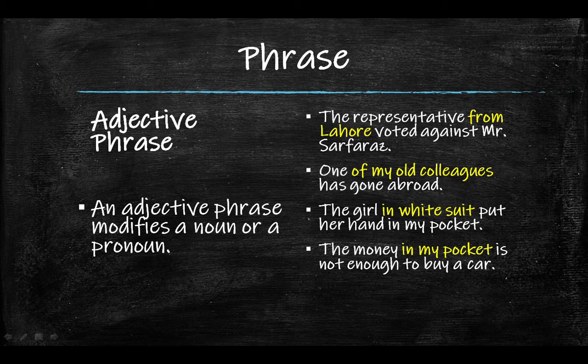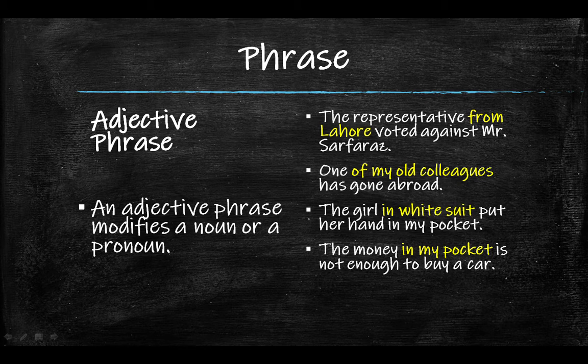The money is not enough to buy a car. In my pocket describes what? Money. Which money is not enough to buy a car? The money in my pocket. So from a structural point of view, it's a prepositional phrase. From a functional point of view, it's an adjective phrase modifying the noun money.